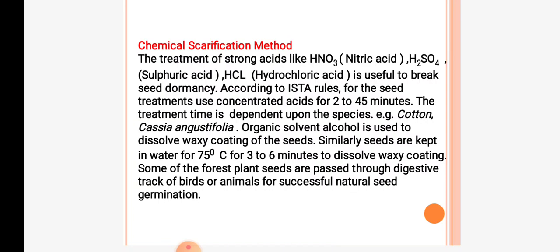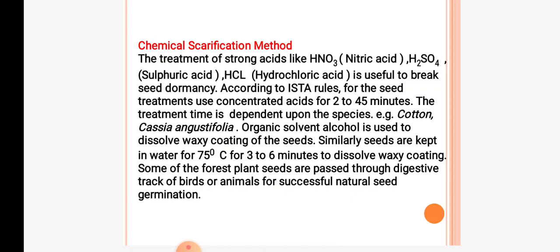The treatment time is dependent upon the species. For example, cotton, Cassia angustifolia. Seeds of these plants are hard and treatment with strong acids is useful to break the seed dormancy.